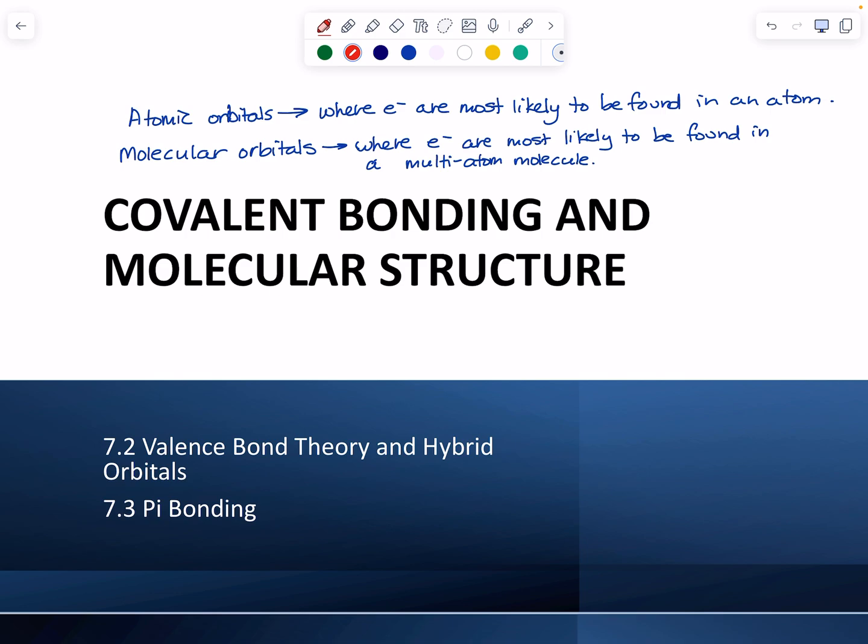Valence bond theory is a way of thinking about electrons in molecules. And we're not going to be using the concept of the atomic orbital. We're going to be using the concept of what we call hybrid orbitals. So this is our new concept.